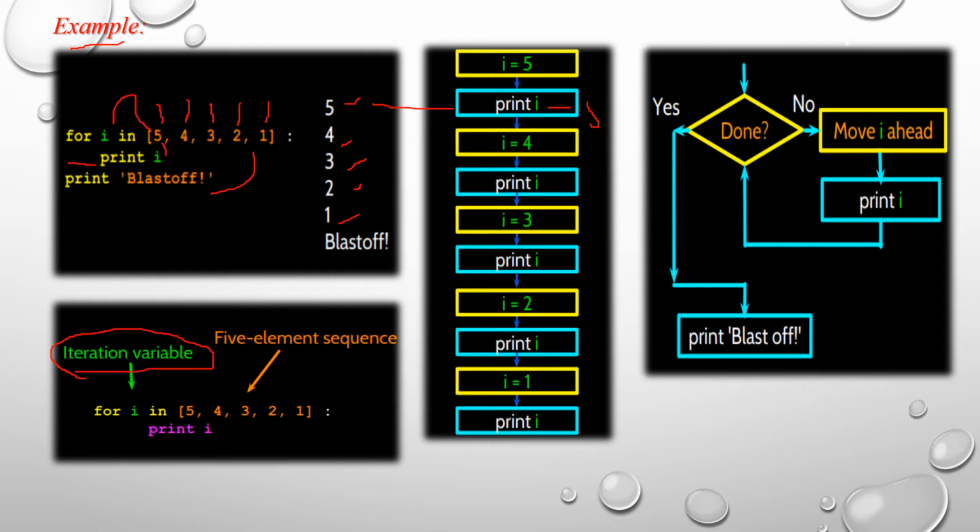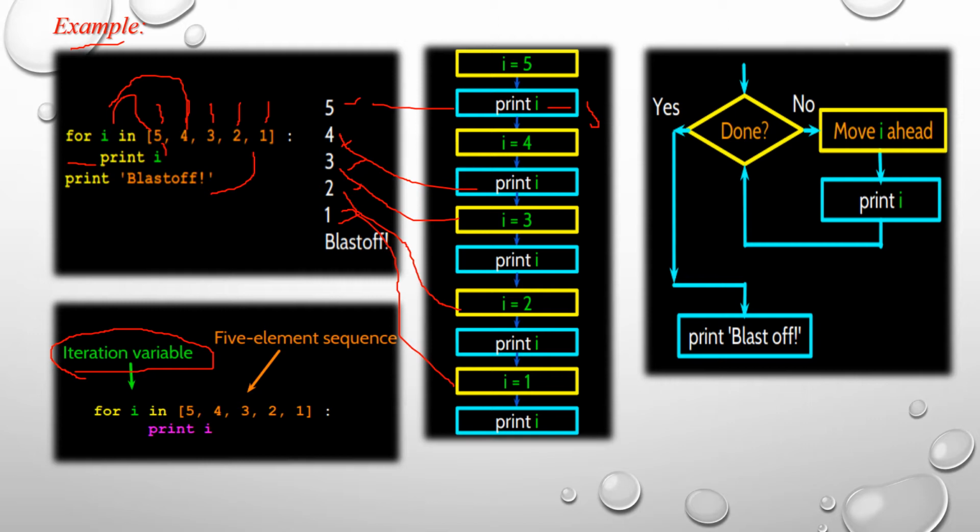Again, when i is equal to 4, the interpreter prints 4, when i is 3 it prints 3, when i is 2 it prints 2, and when i is 1 it prints 1. So all elements are iterated.